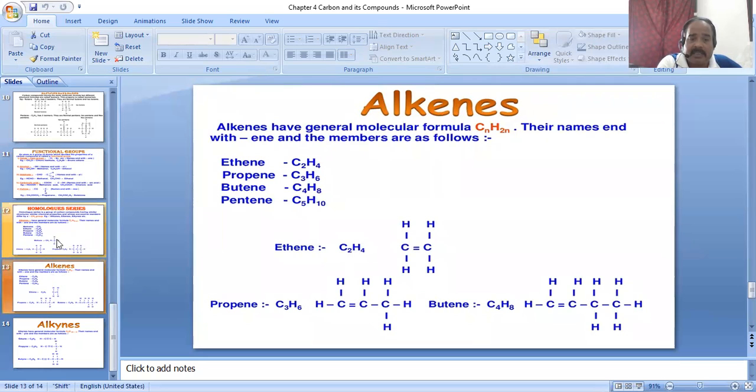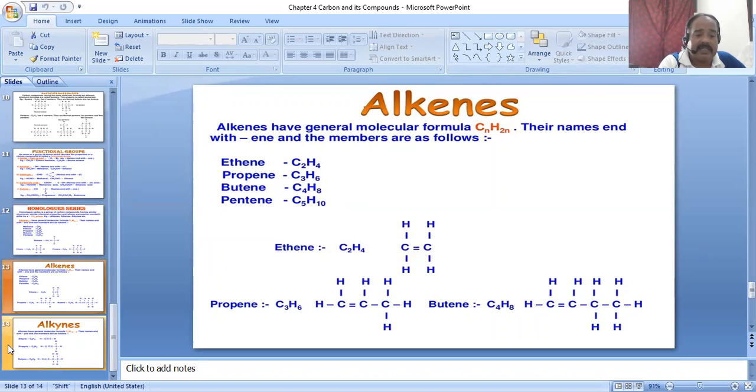For example, ethene, propene, butene, pentene, with formulas C2H4, C3H6, C4H8, C5H10. Just removing two hydrogens from every saturated hydrocarbon gives the alkene family. And most important, carbon and carbon are joined to each other with a double bond. It is another difference between alkane and alkene.